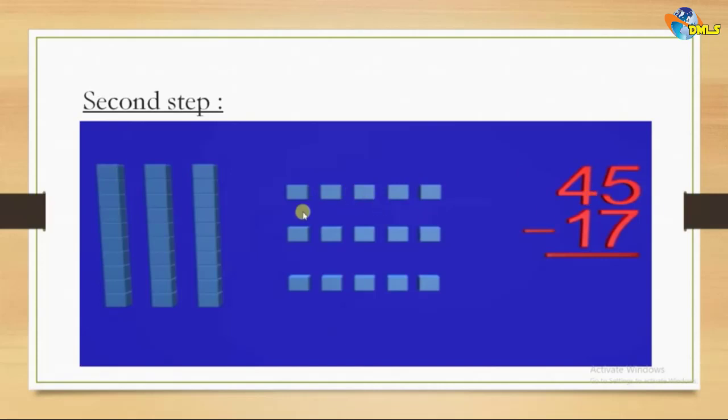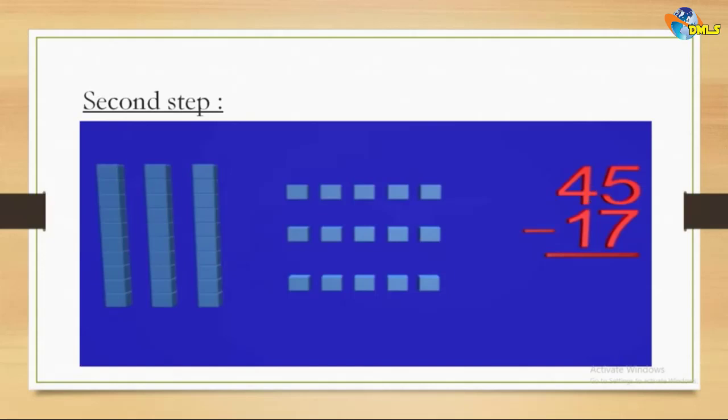And here I have 1 ten, which I converted to 10 ones. 1, 2, 3, 4, 5, 6, 7, 8, 9, 10. 1 ten, 2 tens, 3 tens, 4 tens, because I have 4 tens.